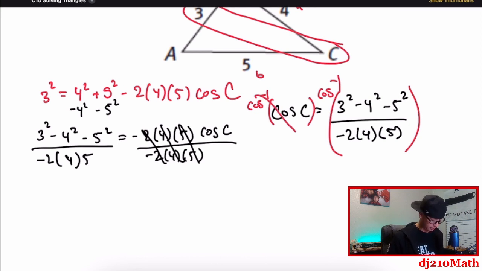So this is straight calculator work. This is going to be inverse cosine of 3 squared minus 4 squared minus 5 squared all over negative 2 times 4 times 5.